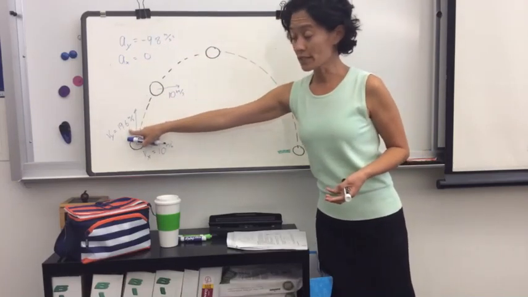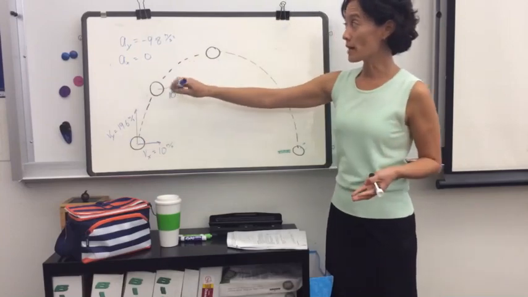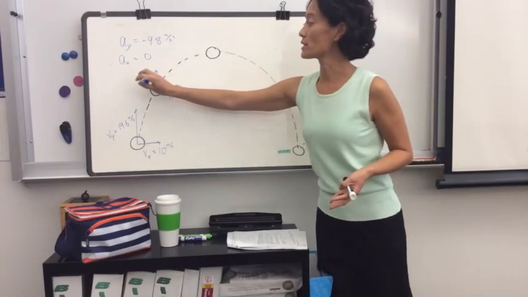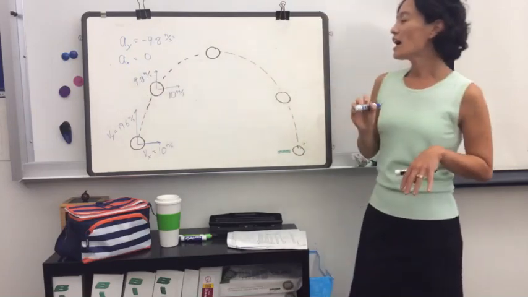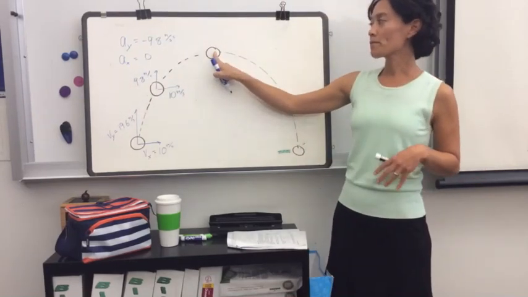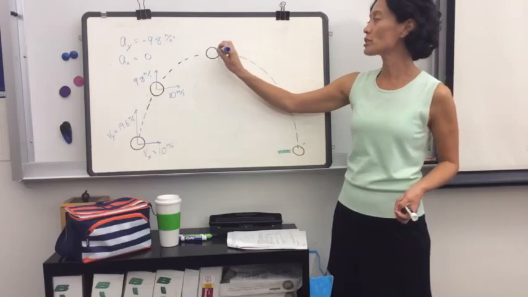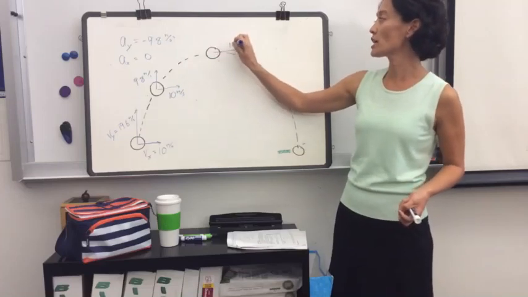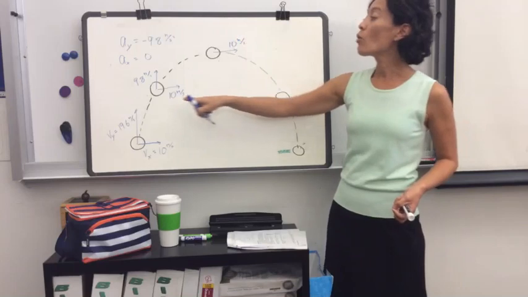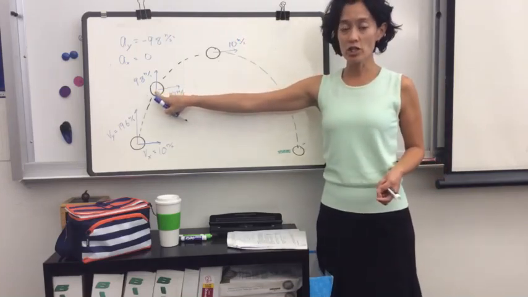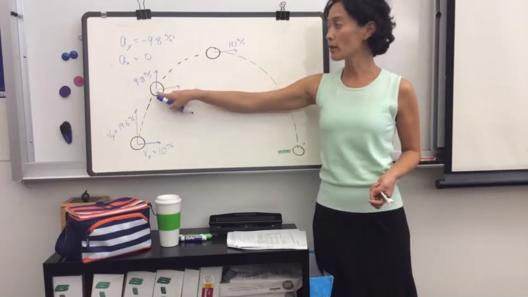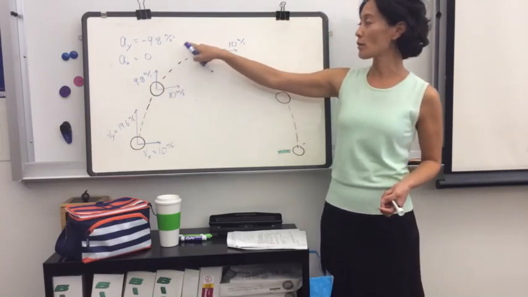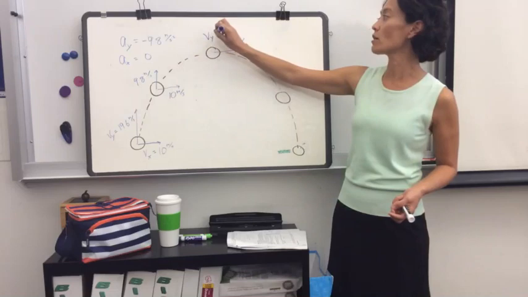So I started with 19.6, I changed by negative 9.8, so now my velocity is 9.8, conveniently. 1 second later, again, my x velocity hasn't changed, and my y velocity changes by negative 9.8 meters per second. So going from 9.8 meters per second, with that change, I'm going to have a y velocity of 0 here at the top.